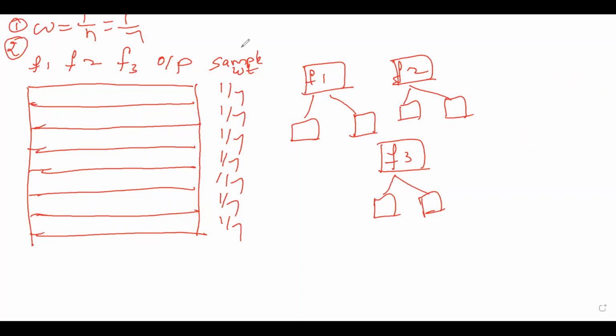For these stumps, we first have to select one decision tree base learner model. And how do we select that? We have 2 measures: entropy or the Gini coefficient. We can use either of them.